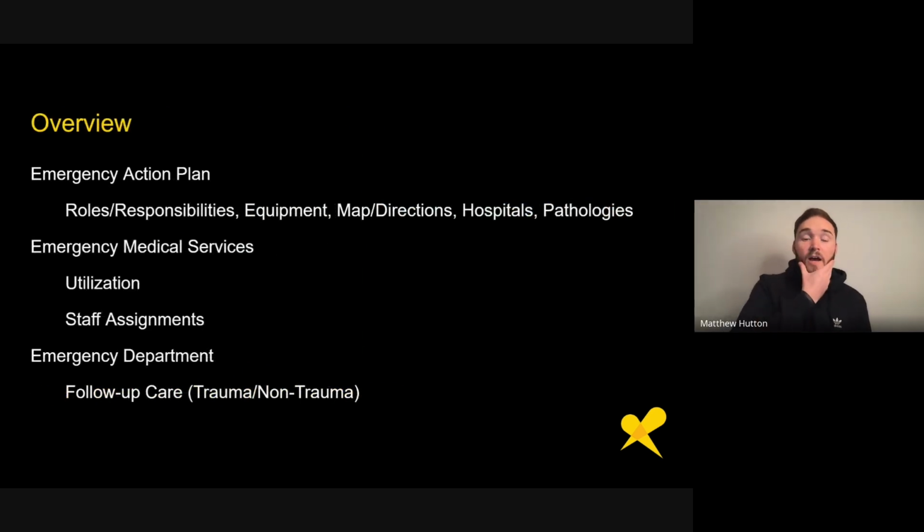Hmm. Yeah, and going back to the EAP, in that overview, all the different things you have to prepare for. So the roles and responsibilities, obviously, the ATs are going to handle most of that. If you have a team doctor on site, they're going to help out. But knowing your equipment, your map, your directions, which hospitals are in the area, the different pathologies you might see. For example, if you're an outdoor sport, basketball players very rarely see heat illnesses, but maybe if you're working with cross country or soccer, where they're out there for a long period of time, or if they're wearing pads and a lot of heavy equipment like in American football.